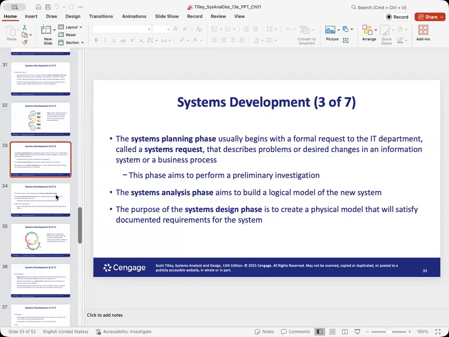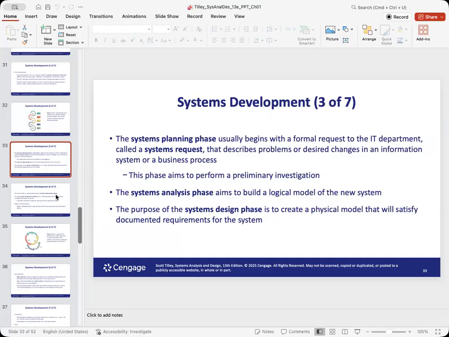Now, the main purpose of systems planning is to perform what you call a preliminary investigation. That is what enables systems analysts to plan a system that they are building.